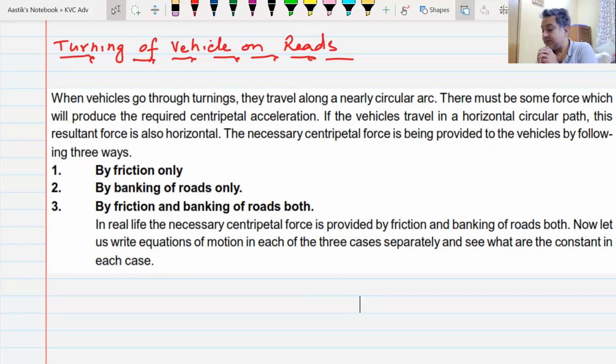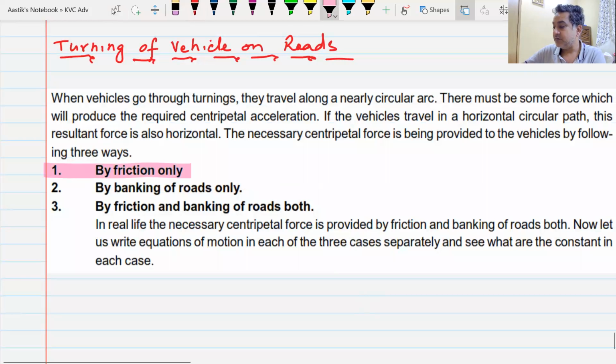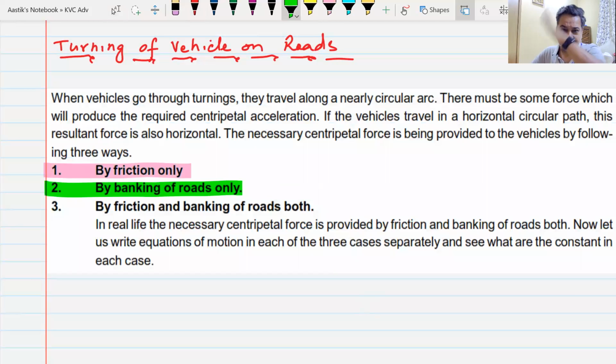Three options: by friction only. Number two, by banking. The roads are banked, they are made higher than the horizontal. And the third case, which we will not discuss because it just gets too complicated, is by using both.